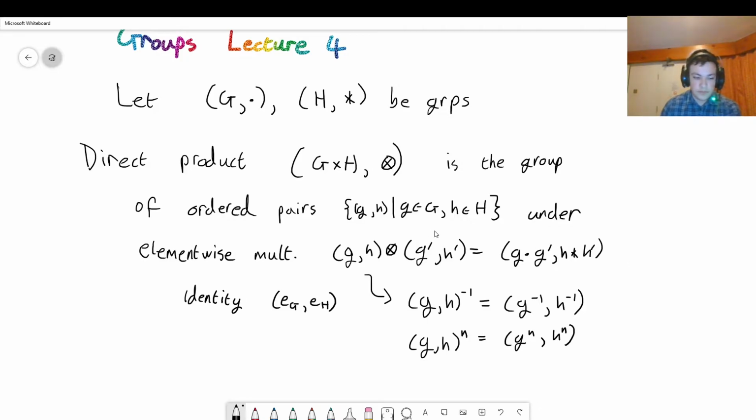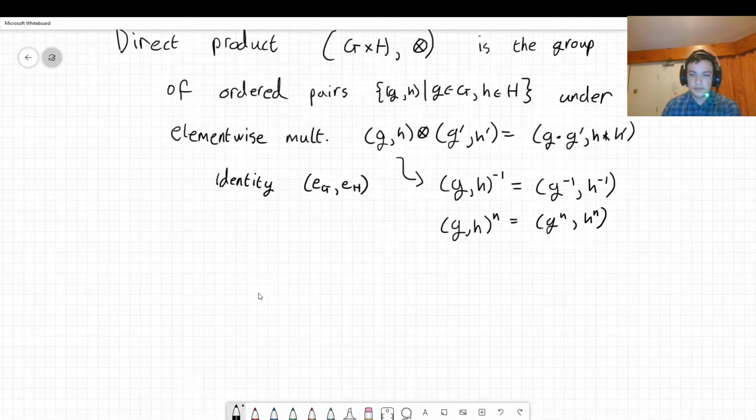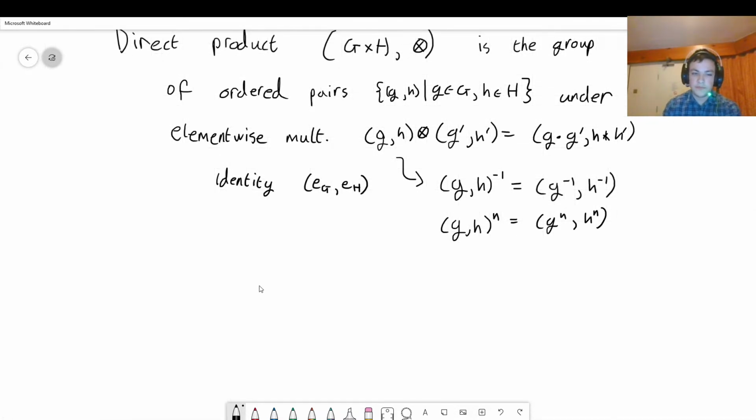Okay, so this generalizes to any number of groups, so let I be a set. Generally we'll hope that I is finite, but if not, countably infinite at most.